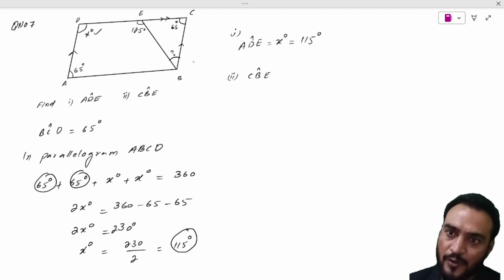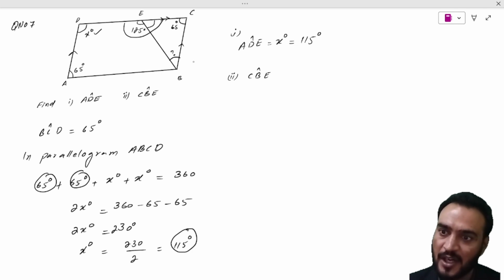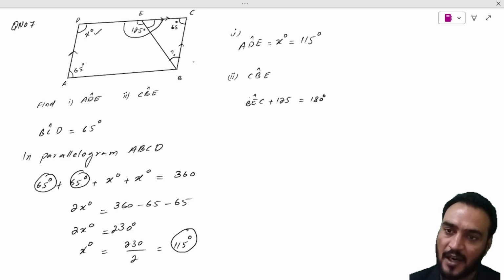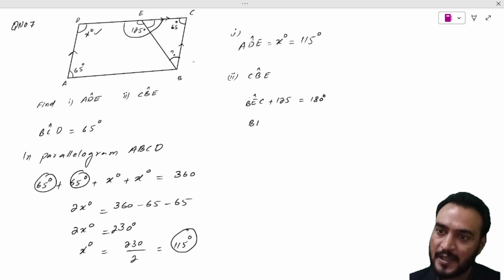For that, we need to find this angle first, and you can see that 125 degrees and this angle BEC lie in a straight line. So first we find this angle BEC plus 125. Their sum is equal to 180 degrees because these are adjacent angles, or angles in a straight line. So the angle BEC now equals 180 minus 125.